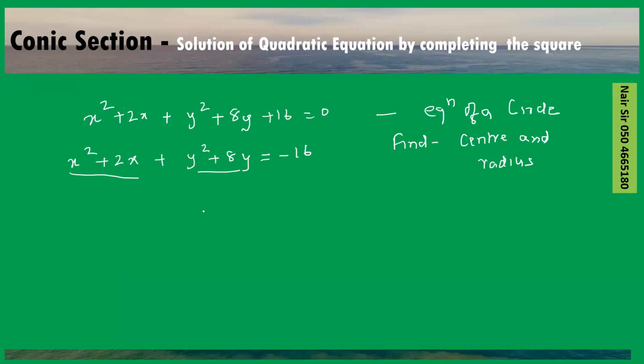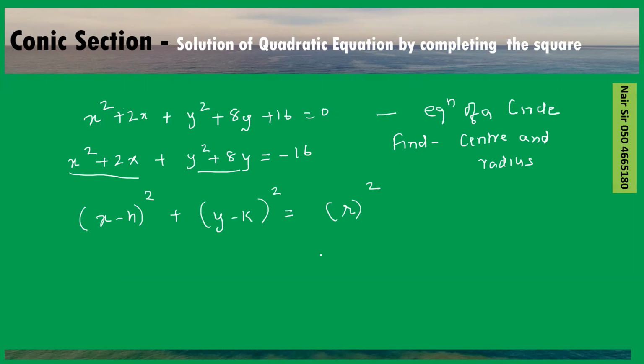It's a quadratic equation which you have to convert, you have to make in this form: (x minus h) the whole square plus (y minus k) the whole square is equal to r square, where h, k is the center and r is the radius.